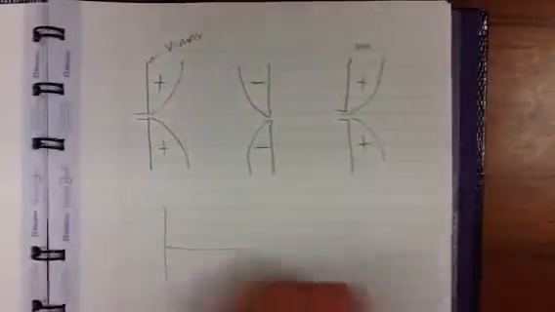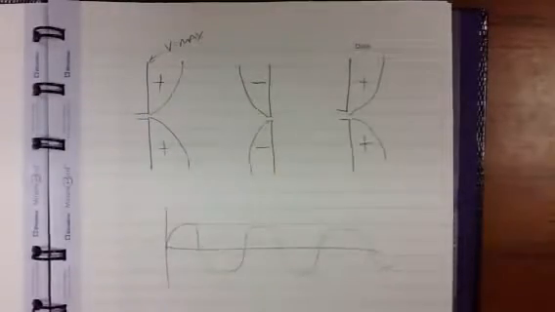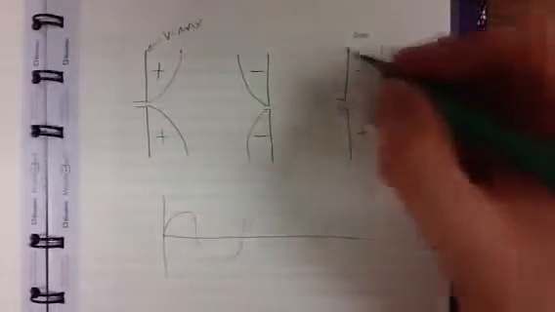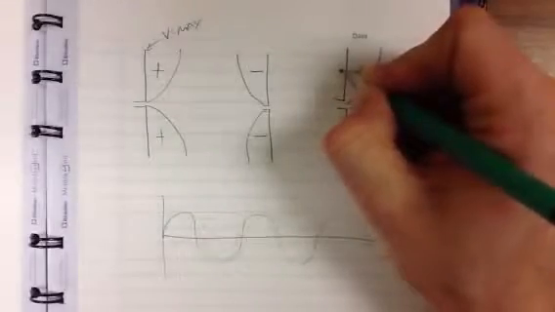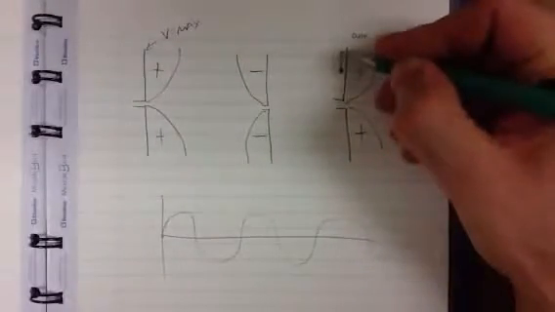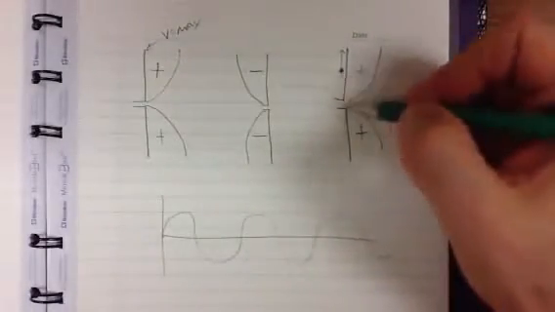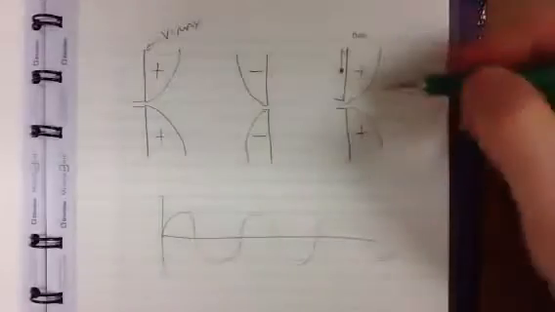Positive, negative, positive, negative, because the voltage that you're supplying to the antenna is positive, negative, positive, negative, like that. So what that means is, if there was an electron here, this voltage is going to push the electron in one direction, and then a half cycle later, it will push it back the other way, and a half cycle later pushes it back again.